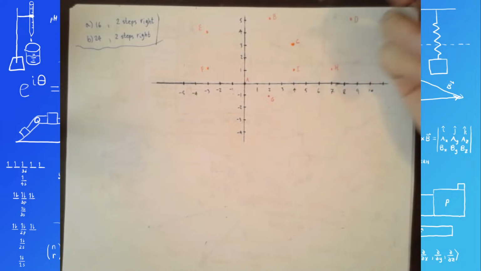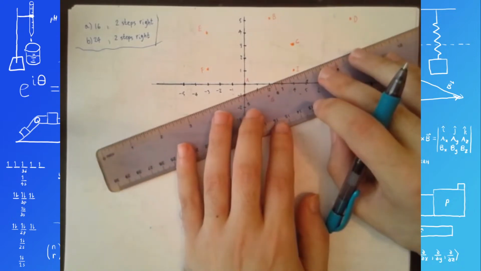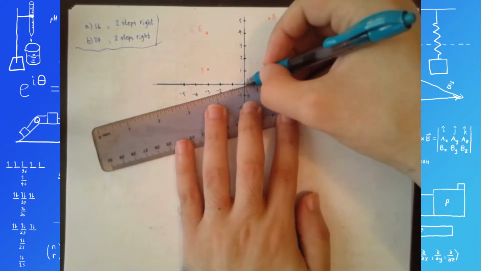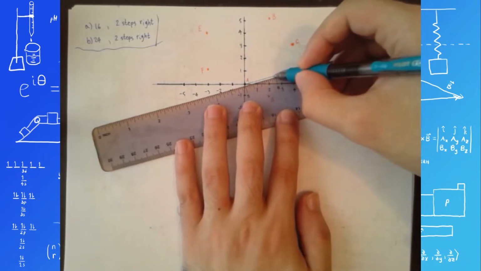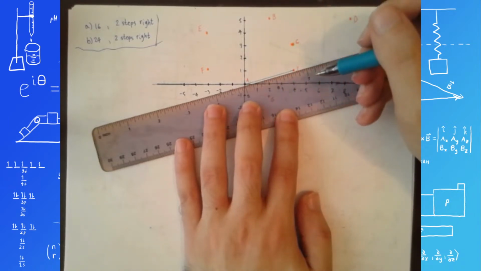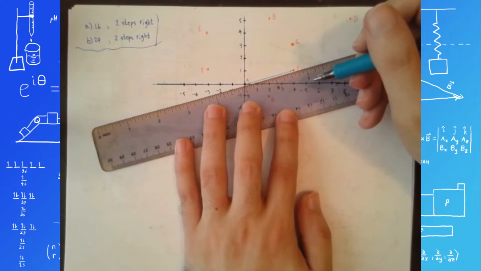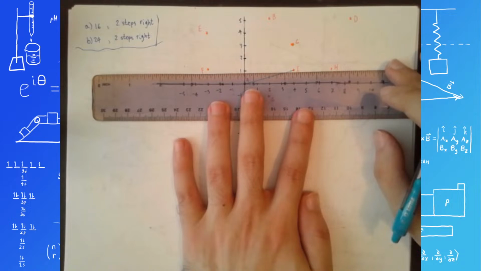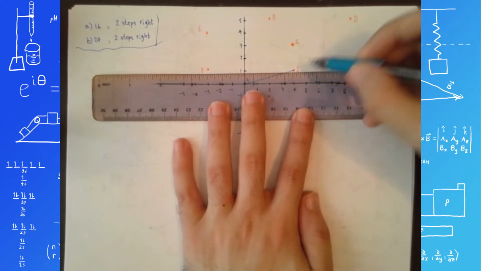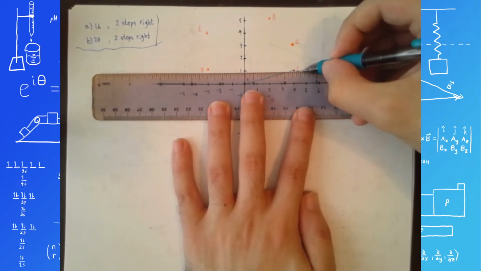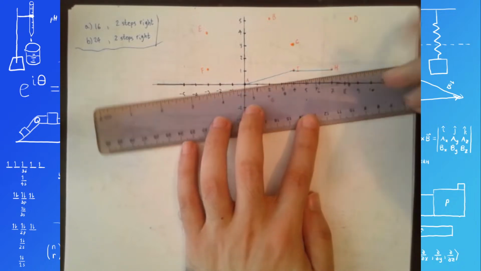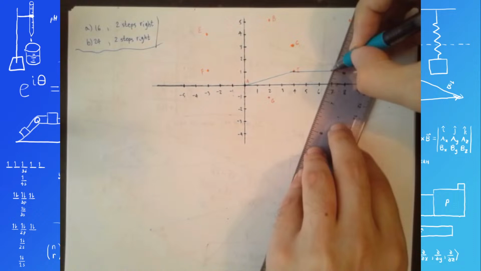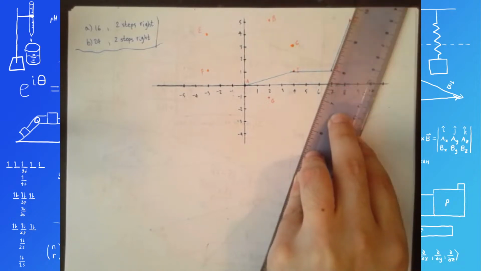Okay, so from A to I, maybe I should use my ruler for this so I don't screw it up. So they go from A to I. And then to H, and then to D. There we go.